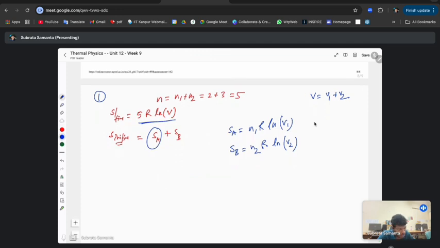How do I get this? You know that the formula is dU equals TdS minus PdV.